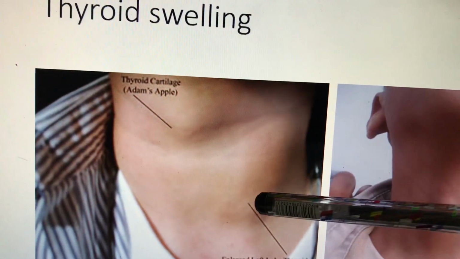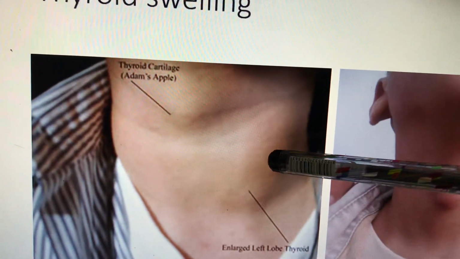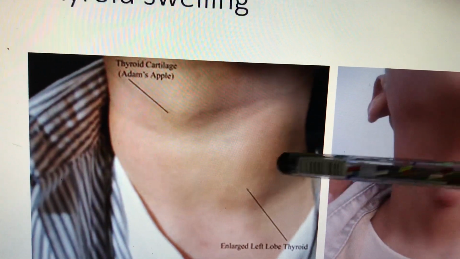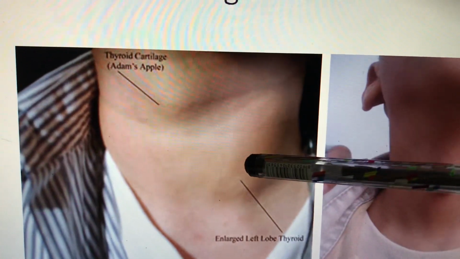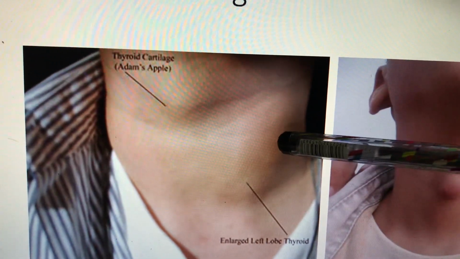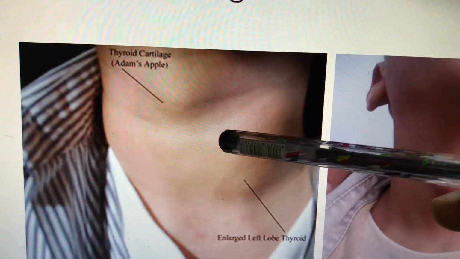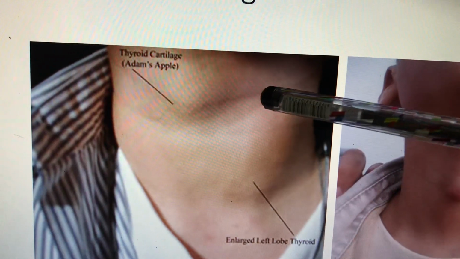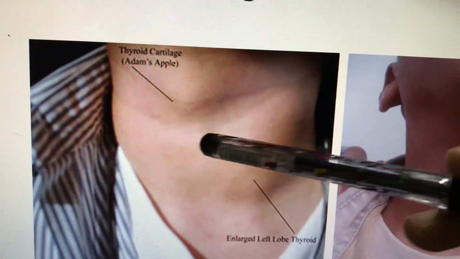Another one, the thyroid gland moves up and down with deglutition because the thyroid is covered by the pretracheal fascia. So pretracheal fascia comes from here. This is a modification of the deep cervical fascia. Posteromedially the thyroid gland is connected, and beneath that you will be having the cricoid cartilage.